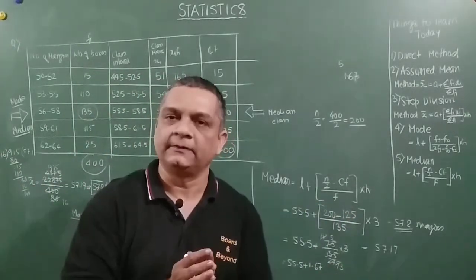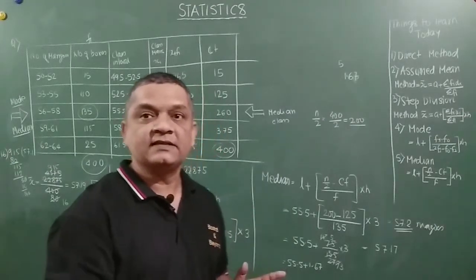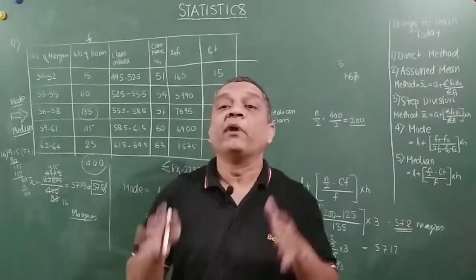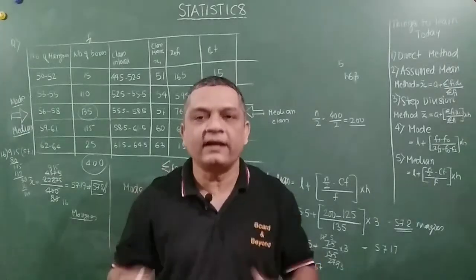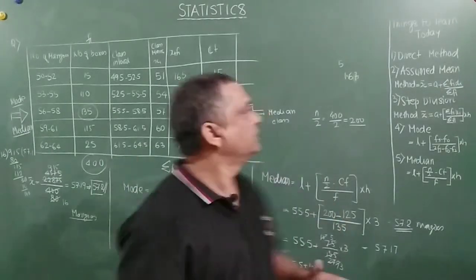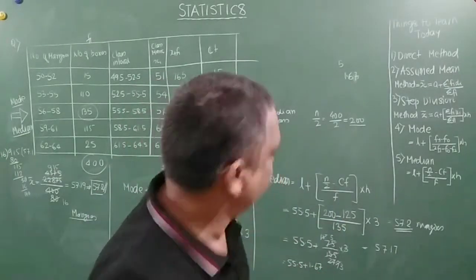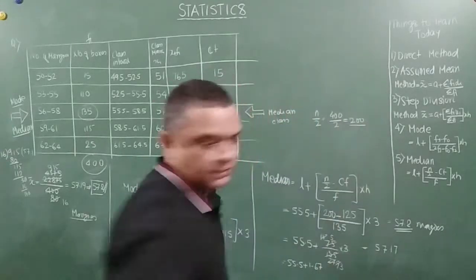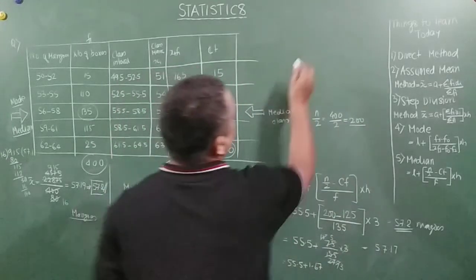What does it signify? This signifies that this is basically symmetric data. If you plot it on a graph sheet, you'll get something like this.